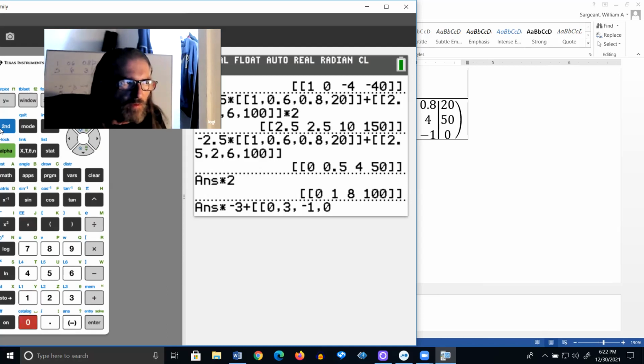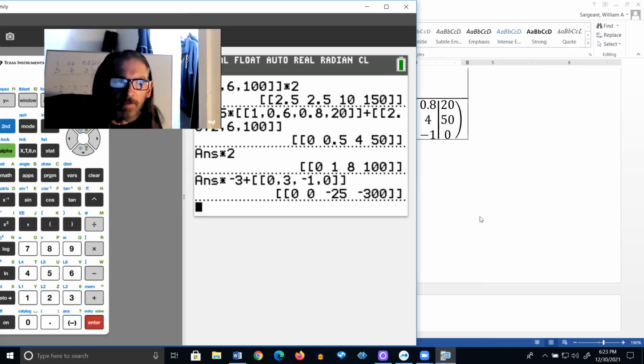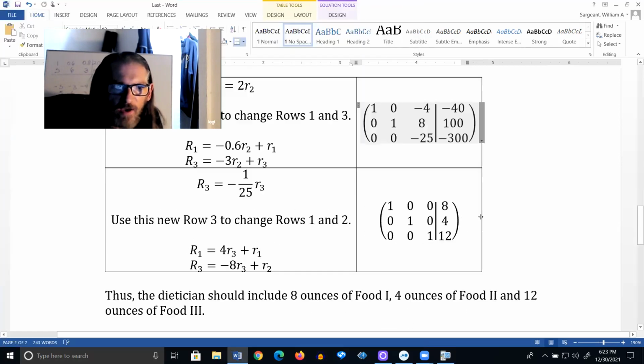Close the square brackets. Let's see if that's what I had. 0, 0, -25, and -300.